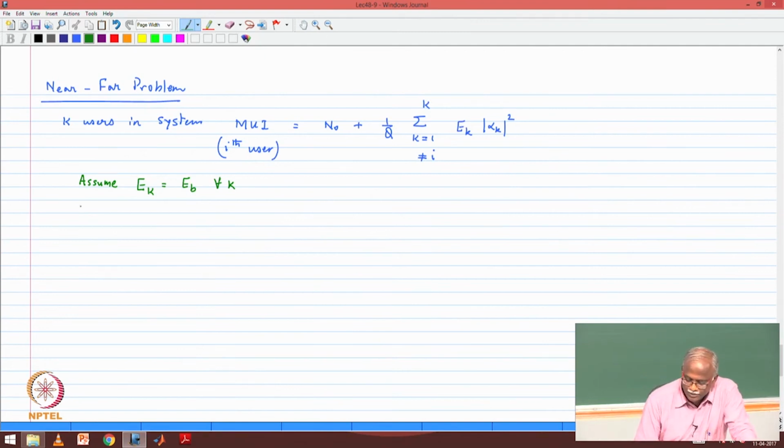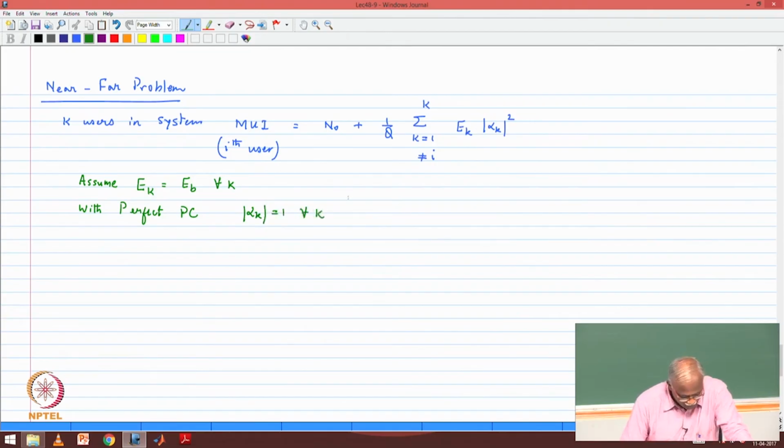So, under this assumption, with perfect power control, we already know the answer. With perfect power control, we will have mod alpha k equal to 1 for all values of k, and the multi-user interference seen by the ith user is the same as that seen by each of the others, given by N naught plus 1 by Q into K minus 1 into Eb.